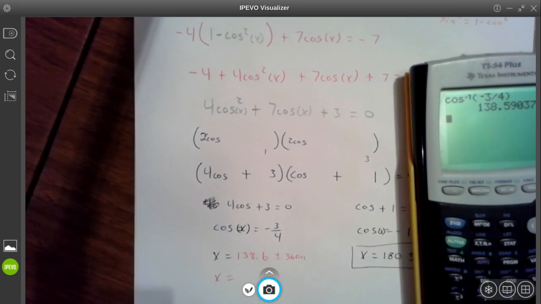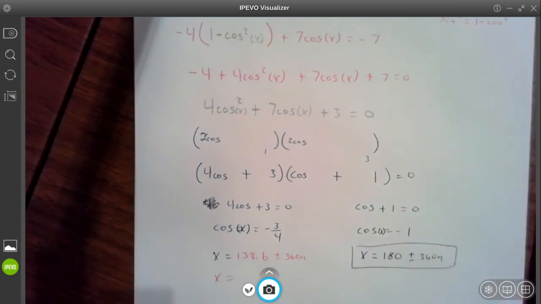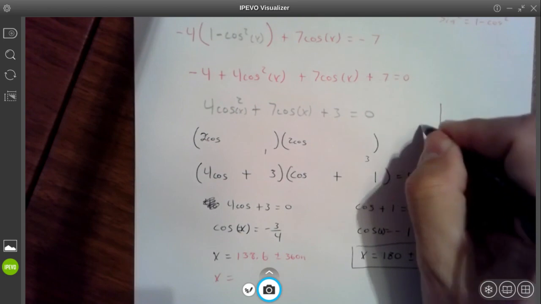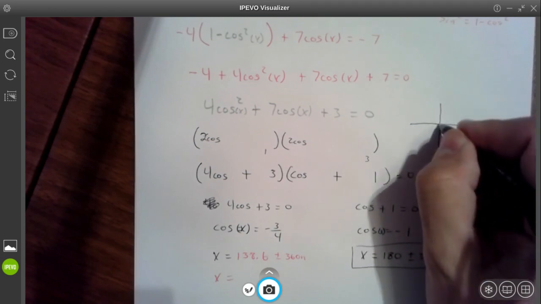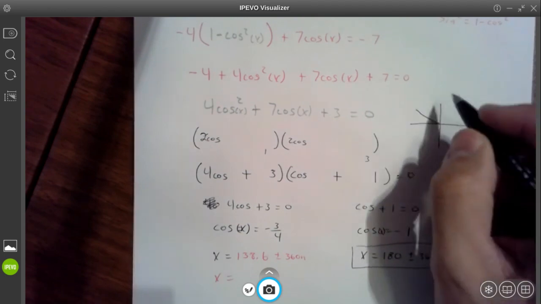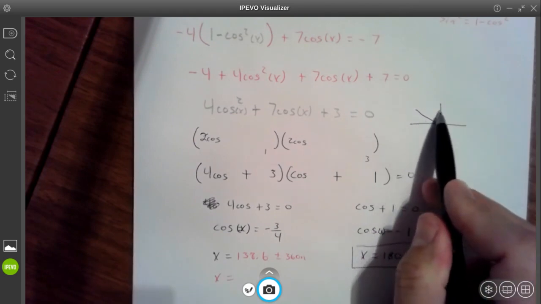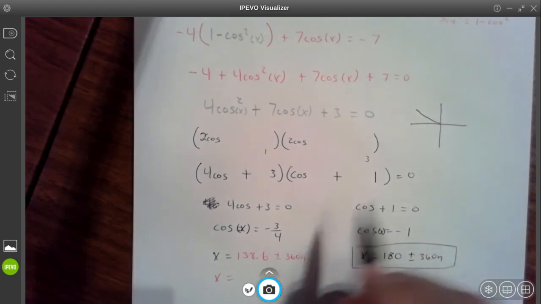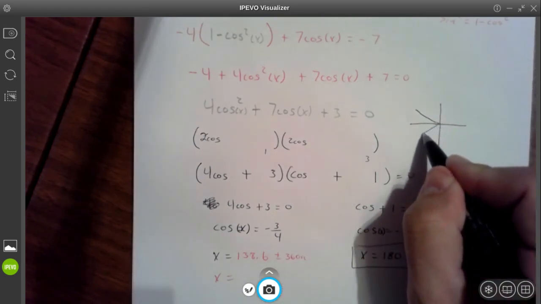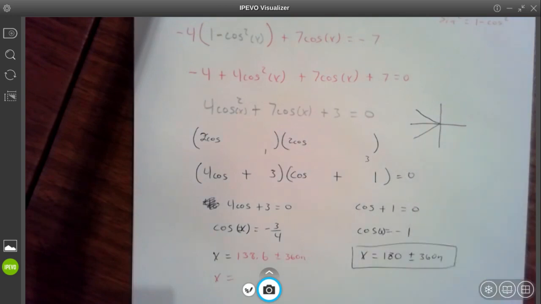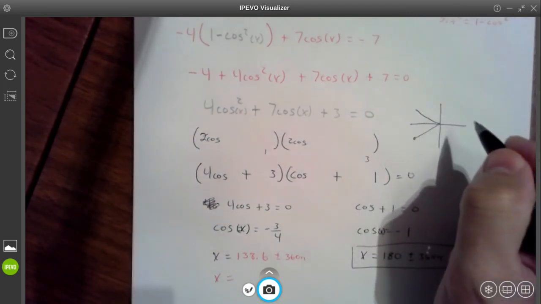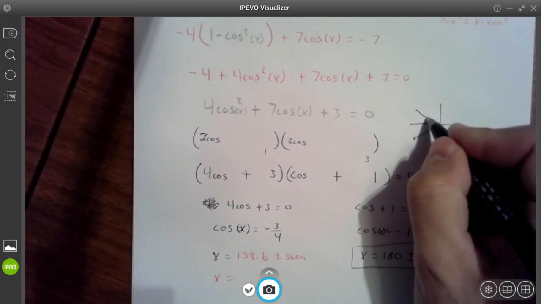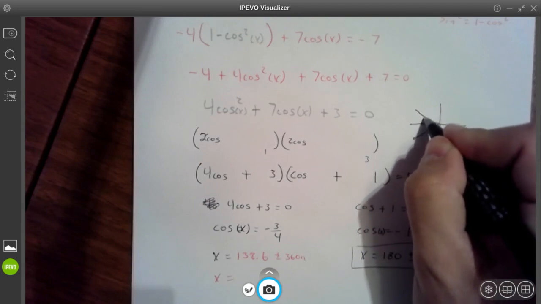And then the other, let's see here. Where's 138 at? 138 is about right there. All right, so we're saying that that distance is negative 3/4. The other place where cosine is going to be negative 3/4 is in the third quadrant. So whatever this angle is. Well, I'll just figure out this little missing piece right here.